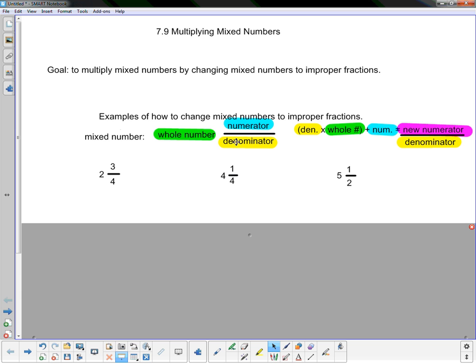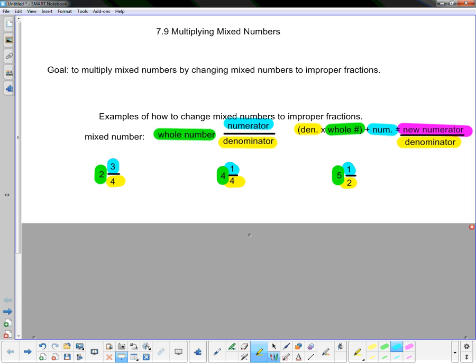Okay, so we're going to follow this. We have our whole number. I'm going to use the highlighter so you can see these are our whole numbers. This is our denominator, and we have our numerator.